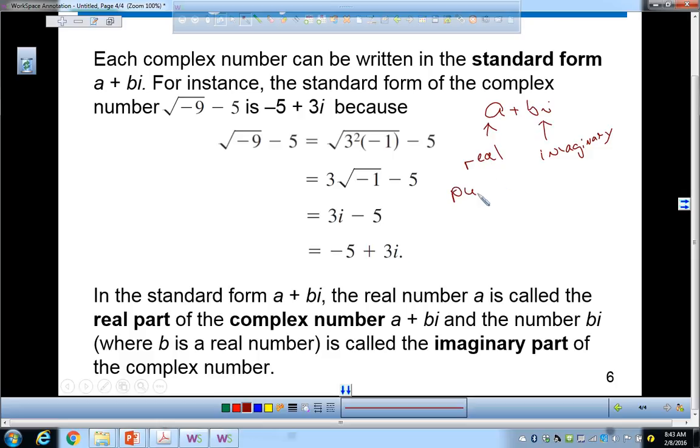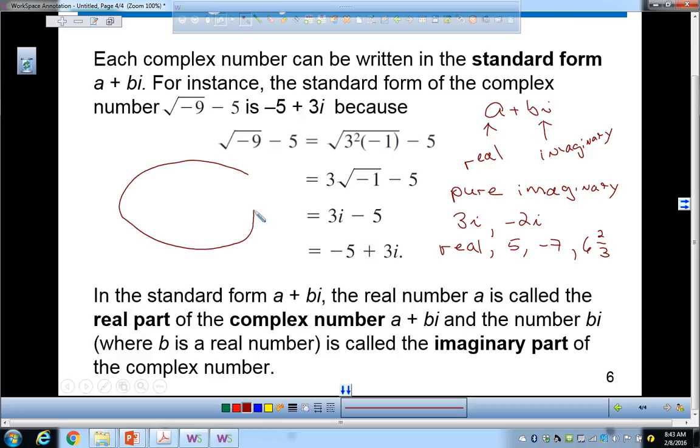A pure imaginary number is a number like 3i or negative 2i. A real number is also considered a complex number, like 5 or negative 7 or 6 2/3. Those are real numbers, but they are all a subset of complex numbers.